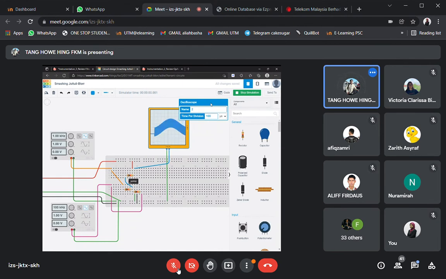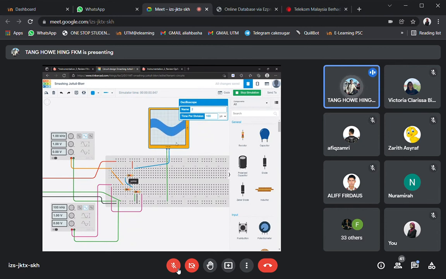Okay, so you can see that for example, this one is almost 1 millisecond. This is 100 microsecond per division. So for one complete cycle, it is somewhere around up to here. Here to here. So it's almost half of here.